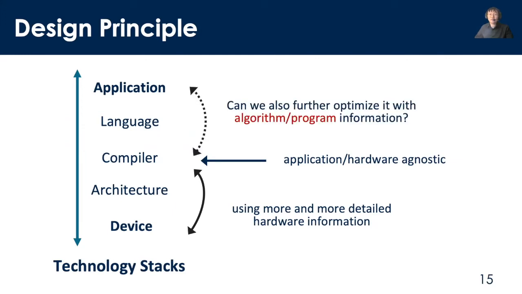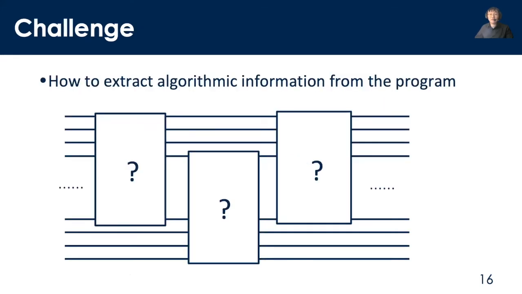One direction that is less visited is, can we design deeper compiler optimizations with algorithm or program information? Naturally, if we are able to leverage the algorithm or program information, we can have deeper optimizations. But it turns out to be very difficult from the very beginning, how to extract such algorithmic information from the program.